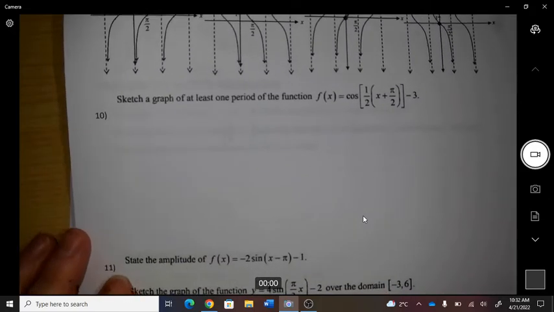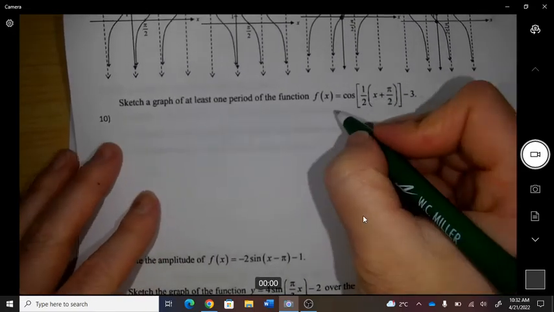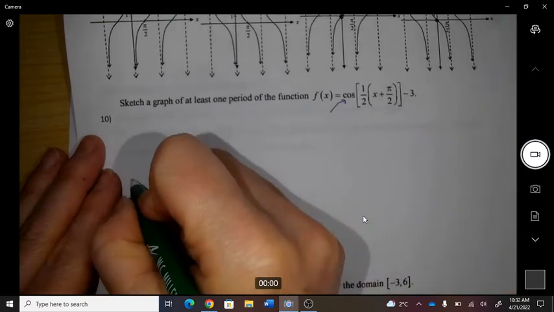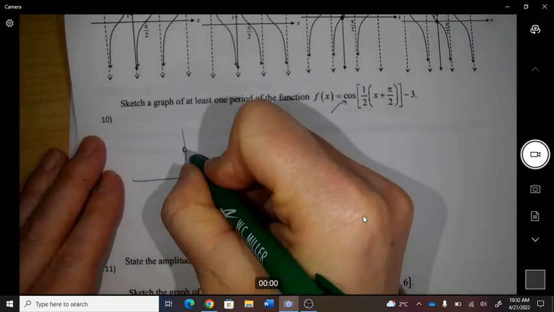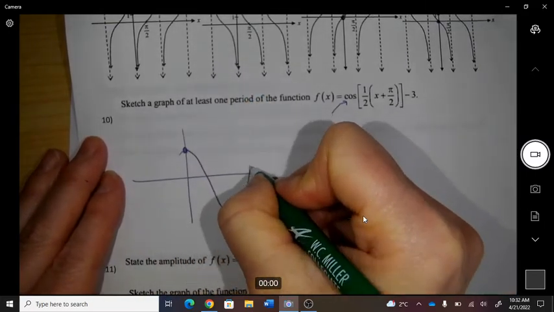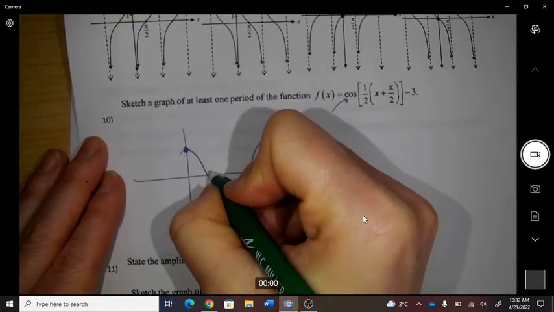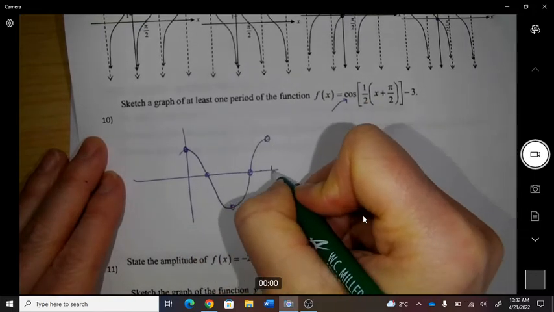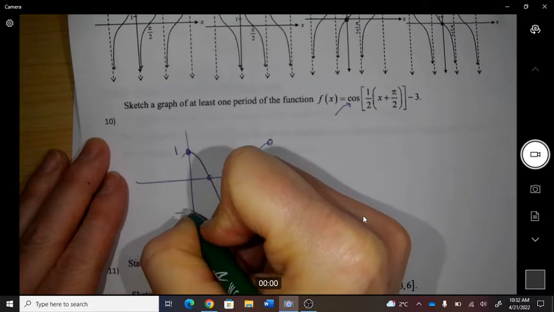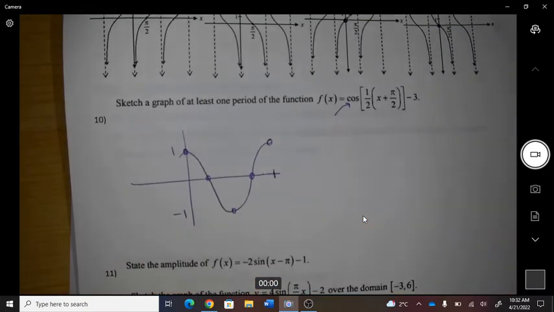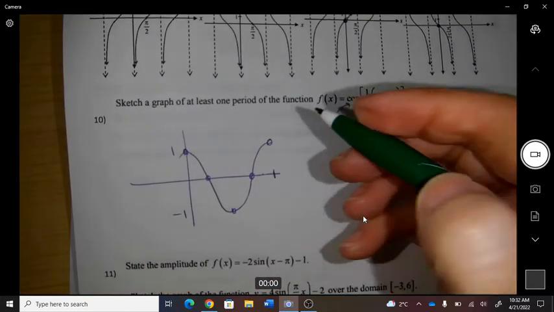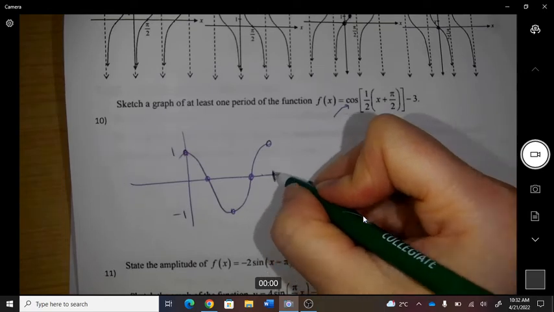Sketch a graph of at least one period of this function, so a cos curve. So top is the start. One and -1 because we didn't do any a's with it. Okay, so this x value, I'm going to deal with it.